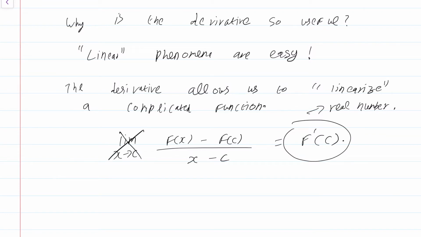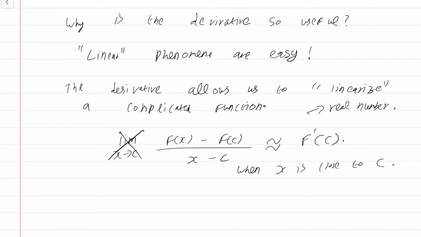Then I cannot write equal to. This will just be approximately equal to when x is close to c. That's what limit means. As you get closer and closer to c, this will become a better and better approximation.